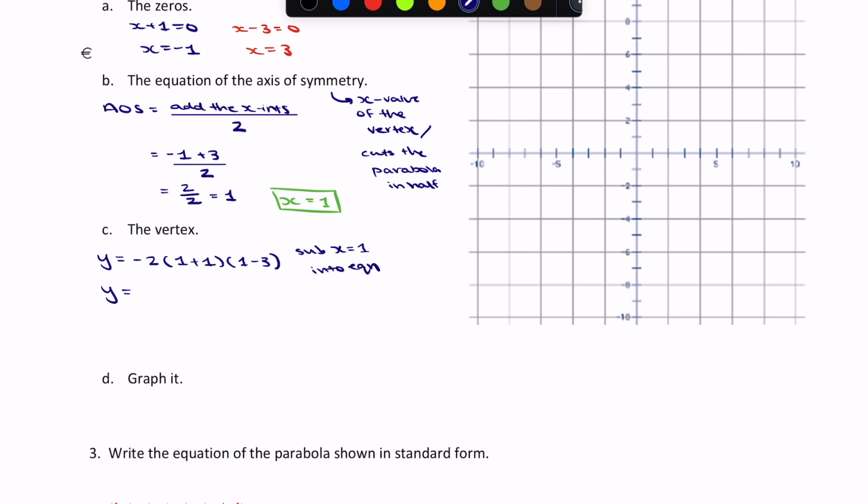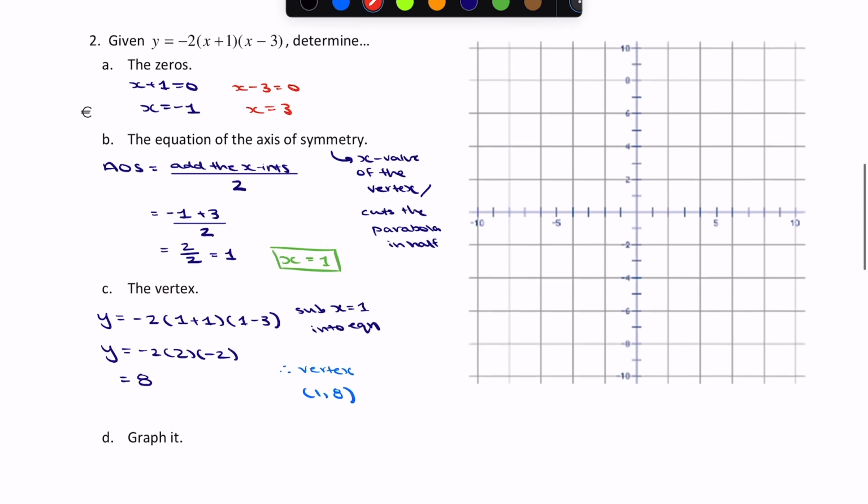And so y is equal to negative 2 times 2 times negative 2. And so the y value will be equal to 8. So therefore, our vertex is at 1 and 8.